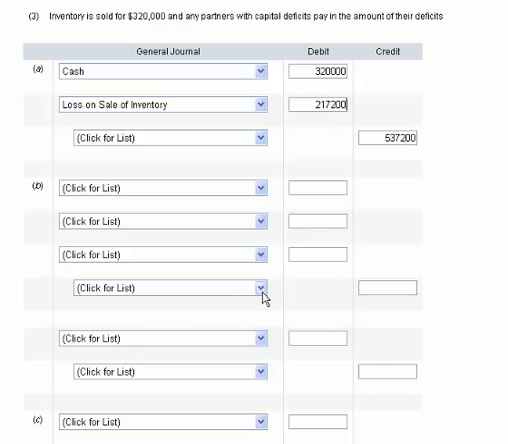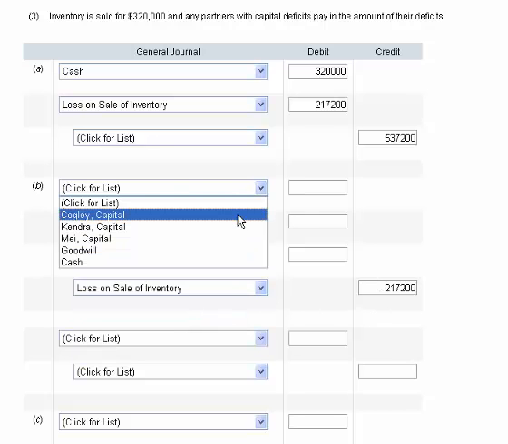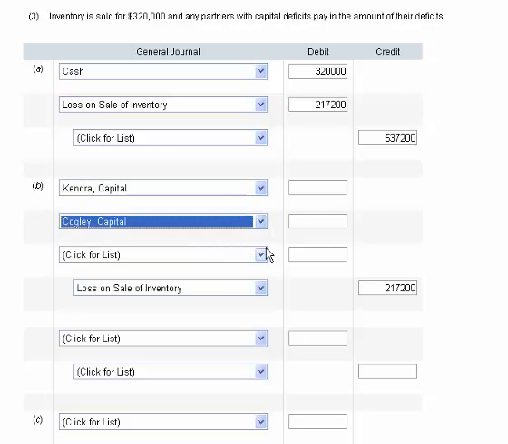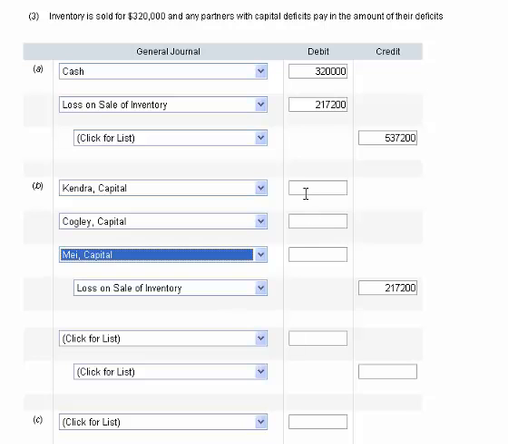We then need to distribute the loss, $217,200, to Kendra, Cogli, and May in that 3/6, 2/6, and 1/6 ratio, and that comes out to be 108,600. Cogli becomes 72,400, and May becomes 36,200.